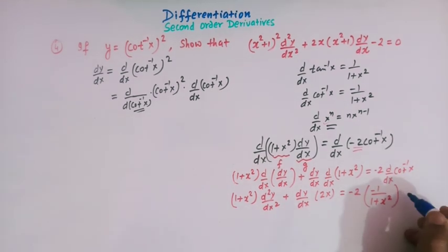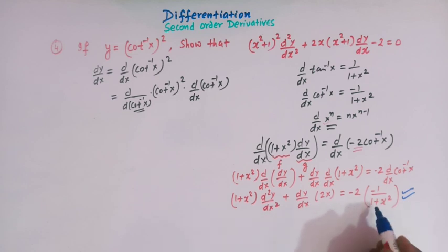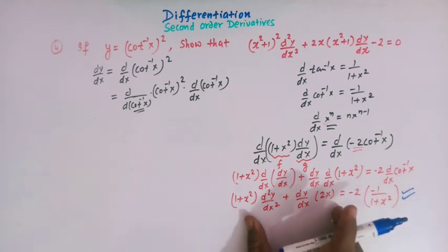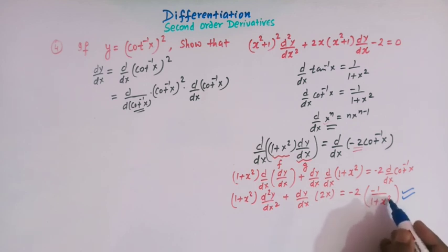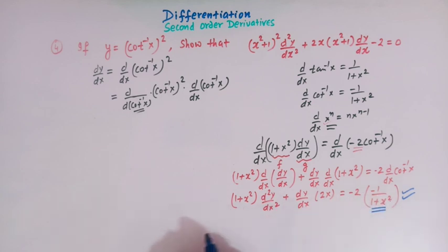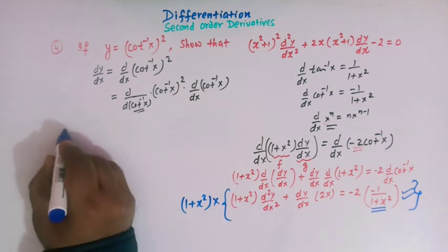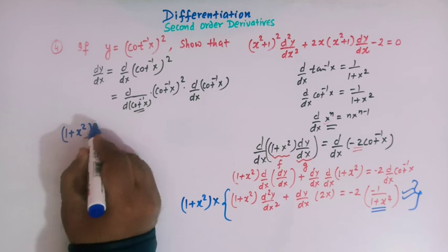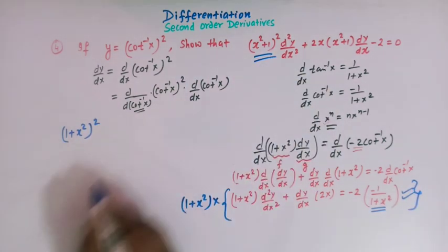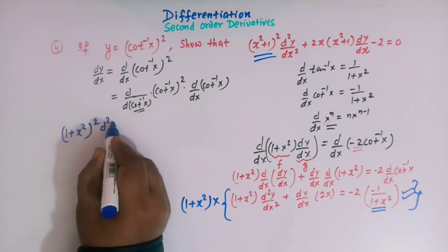Now we can simplify this equation. Minus 2 multiplied by minus 1 is plus 2, and now we can multiply this equation throughout by 1 plus x square to get rid of the denominator. So 1 plus x square times 1 plus x square is 1 plus x square whole square, which is this term, multiplied by the second derivative.